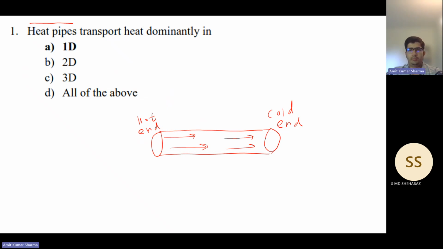So any answer? Shahbaz? Sir, all of the above, sir. Okay, all of the above. Maybe you can rethink, because the question is that heat pipes transport heat dominantly.